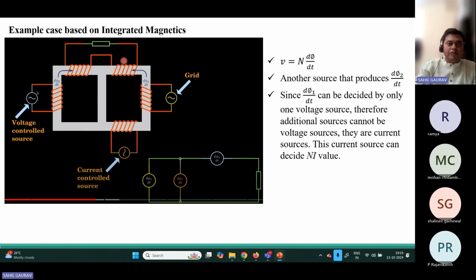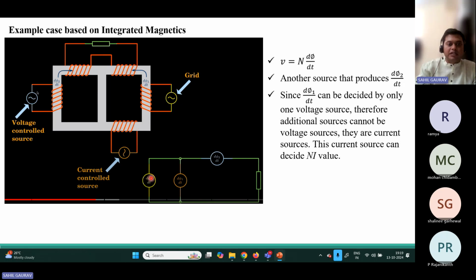This voltage will be induced using Faraday's law based on the rate of flux change, and this load will be heated through this voltage source and current source. If you draw the equivalent magnetic circuit for this core, then we have the different sources and loads connected.